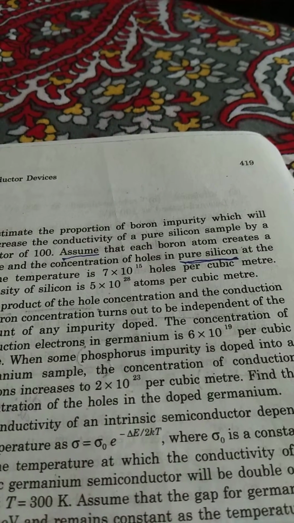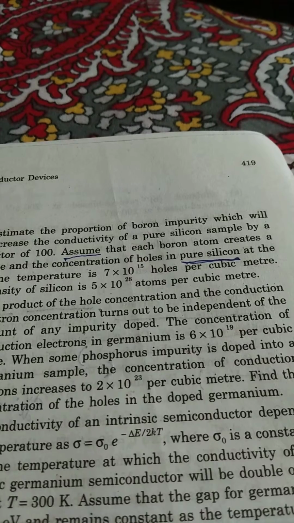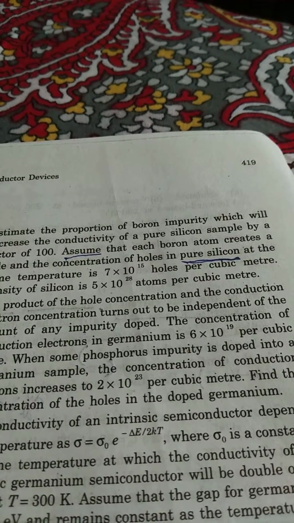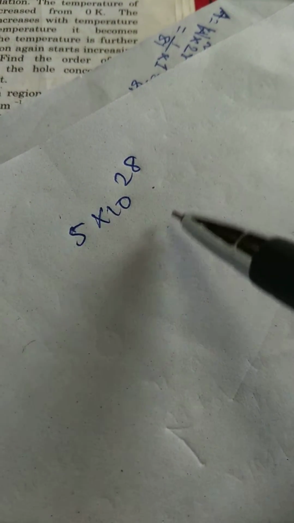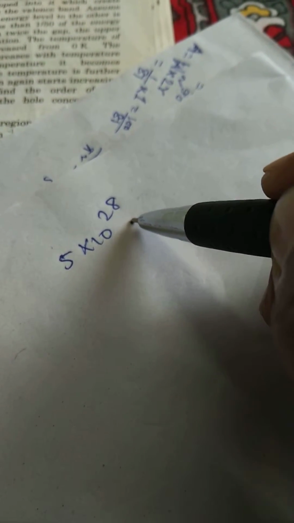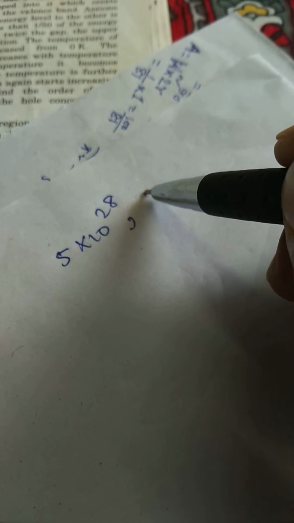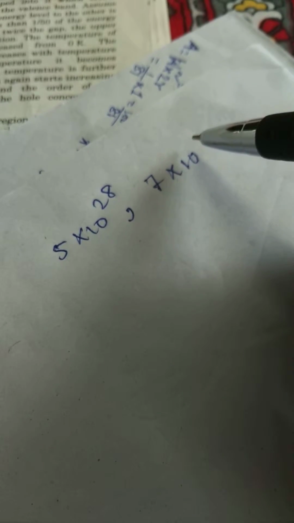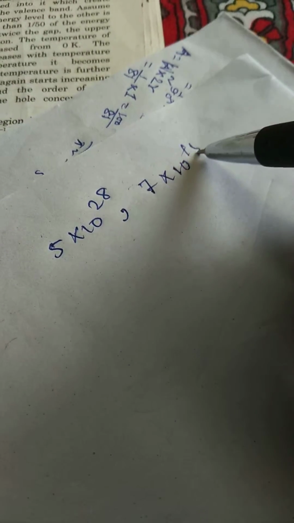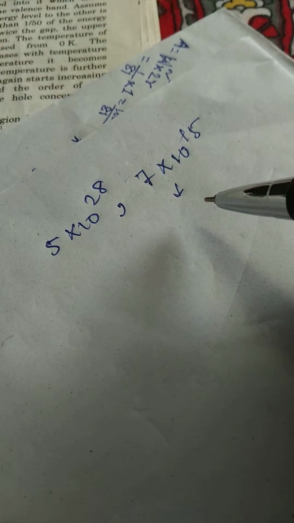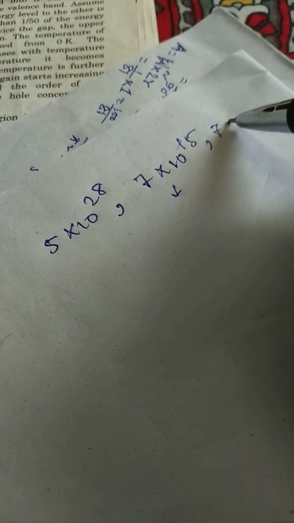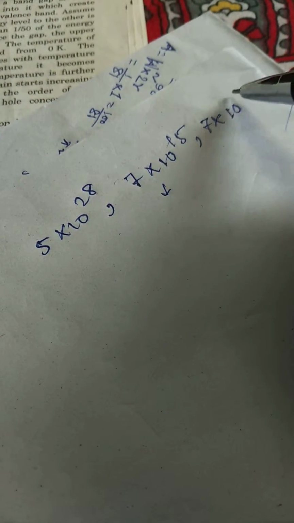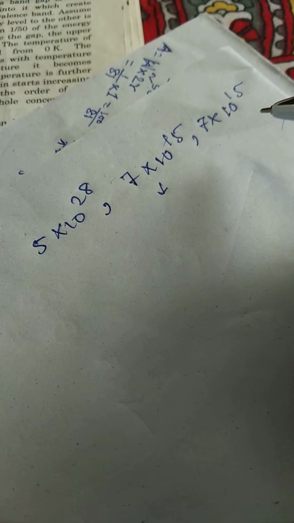That is, we can say that out of these 5 into 10 to the power 28 atoms per cubic meter, electron concentration was 7 into 10 to the power 15, and obviously the hole concentration is also 7 into 10 to the power 15 per cubic meter.